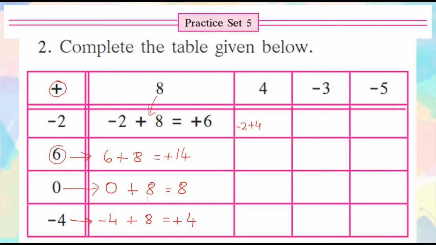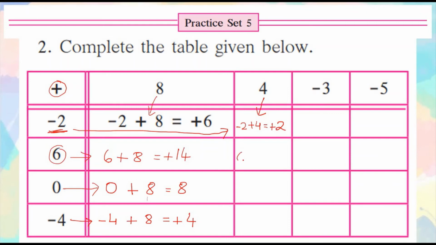Now from where did I get minus 2? See here, vertical column. From here I've written minus 2 and this 4 has come from this horizontal column. So minus 2 plus 4, again numbers with opposite signs. So subtraction. So my answer will be 2 and the sign of the greater number, plus.